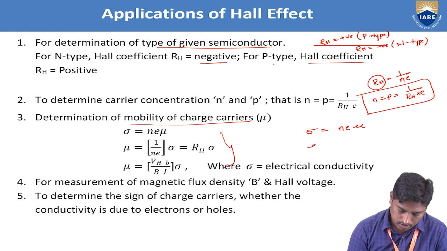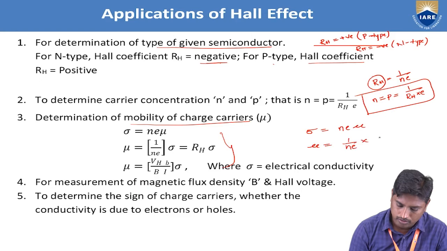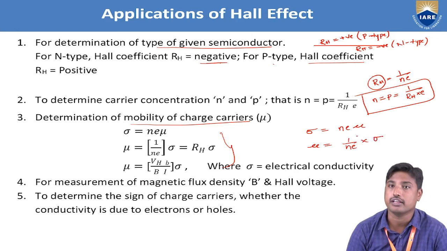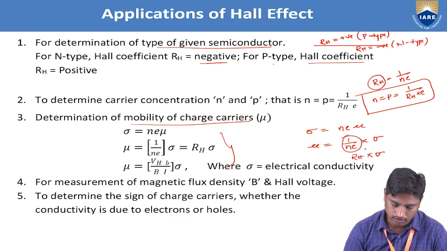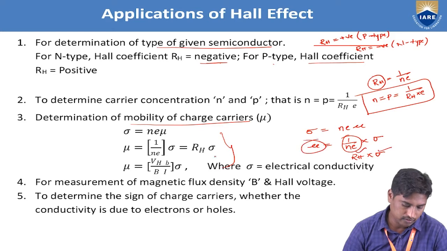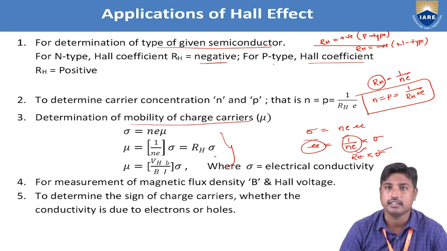So here mu equals mobility, mu equals 1 by N into E into electrical conductivity. So here 1 by N into E is nothing but RH into electrical conductivity. When we know the RH and electrical conductivity, we can find out the mobility of the charge carriers very easily.